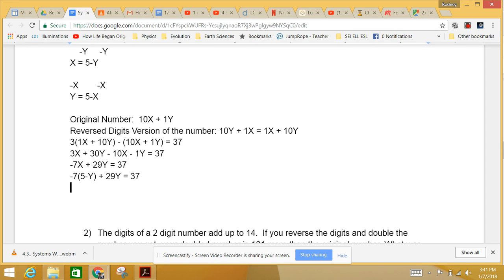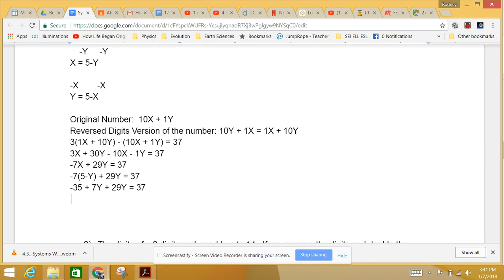So negative 7 times 5 is negative 35. And then negative 7 times negative y is plus 7y. Don't lose track of those negatives. Plus 29y equals 37. Okay. I'm going to add 35 to both sides to get rid of negative 35.